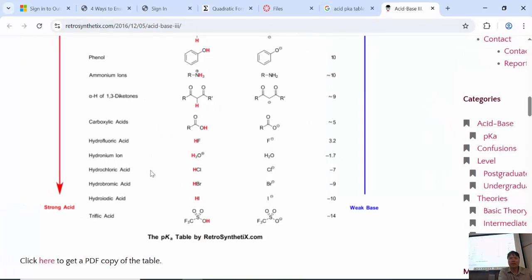But for something like hydrochloric acid, can we make a buffer in the -7 pH range? No, because remember, a buffer is a weak acid and a weak base combo. If you look at hydrochloric acid and sodium chloride, it's not a buffer, because sodium chloride is not going to neutralize anything. It's a neutral salt. So it would have to be weak on both ends.